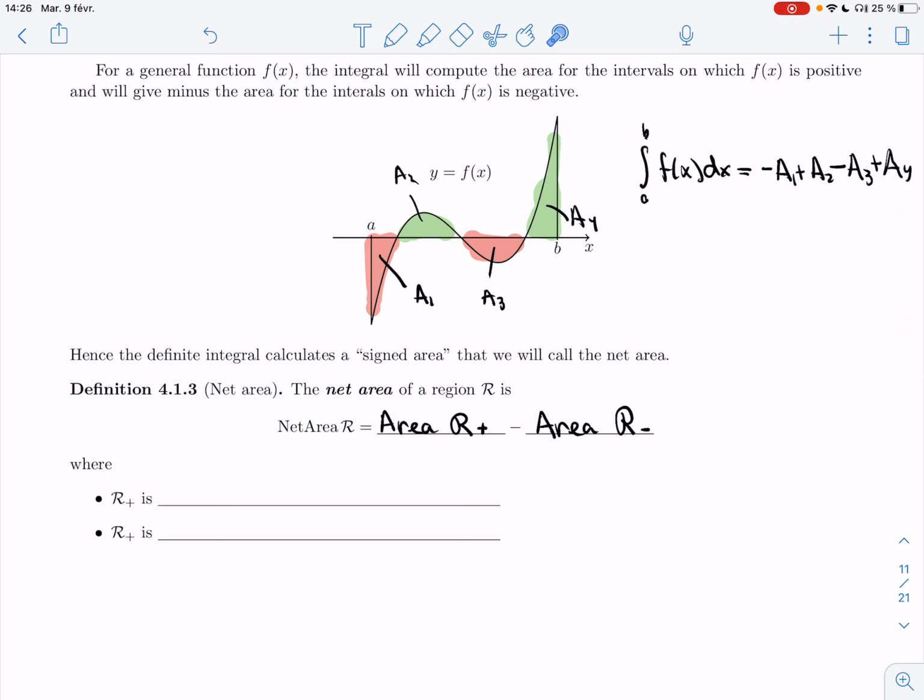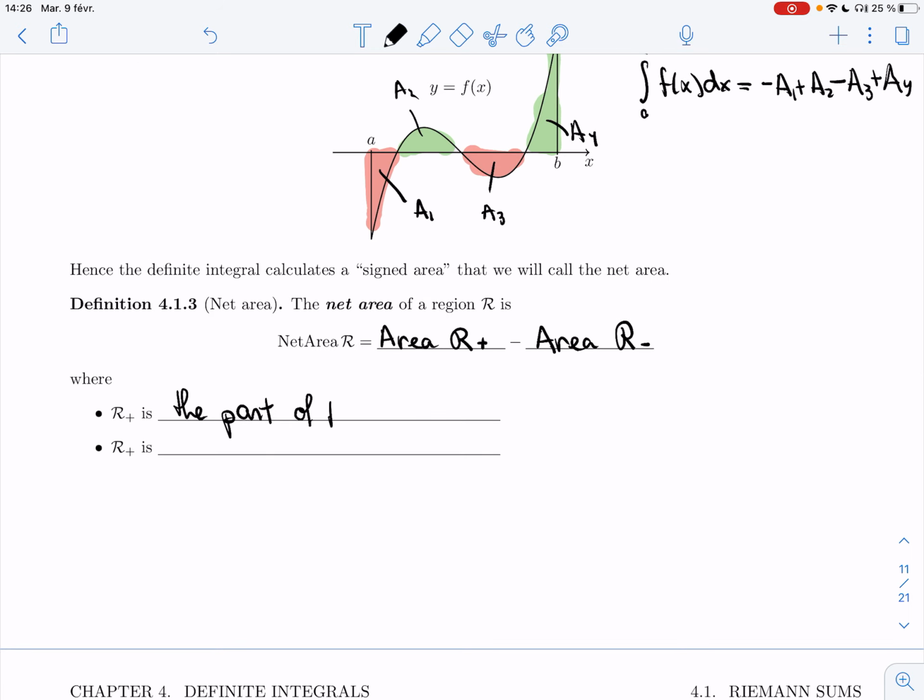So R plus is the part of R above the x-axis, and R minus will be the part of R below the x-axis.